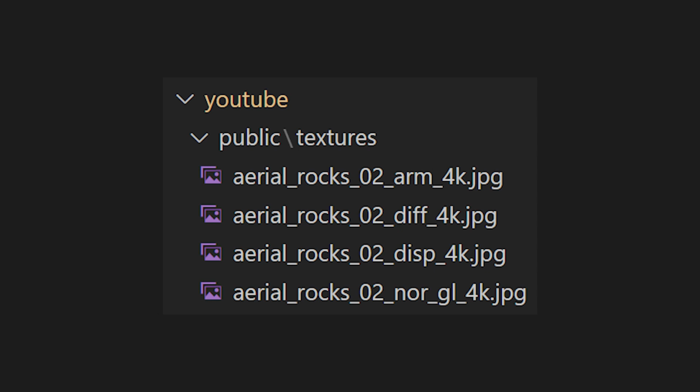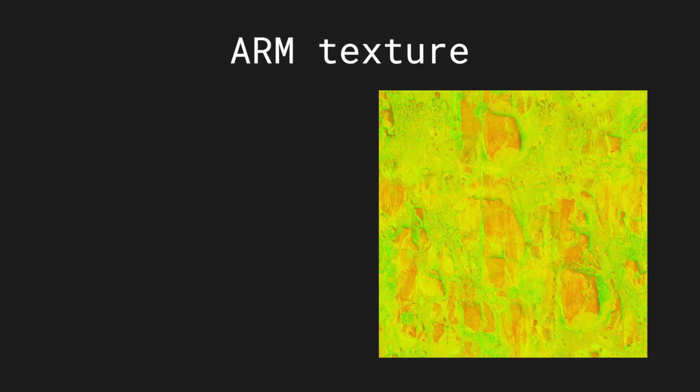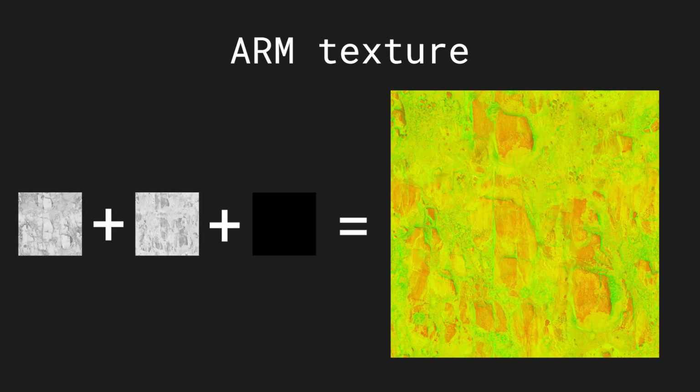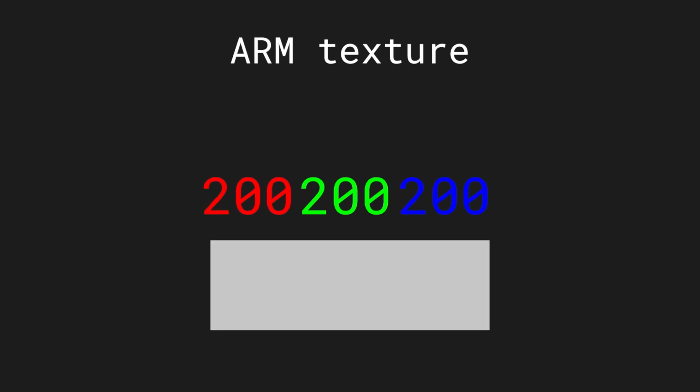Once you have downloaded the textures from Polyhaven, you will notice we don't have all of the ones that I just mentioned. That is because of the ARM texture we downloaded, which is a combination of multiple textures. This is possible because some of the previously shown textures are grayscales. In grayscales, the RGB values will have the same value between 0 and 255. Because of that, you actually only need a single value of those three.